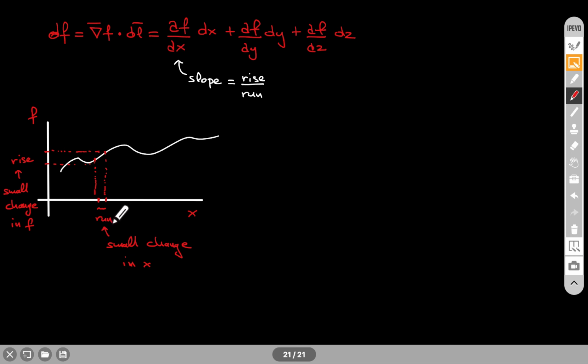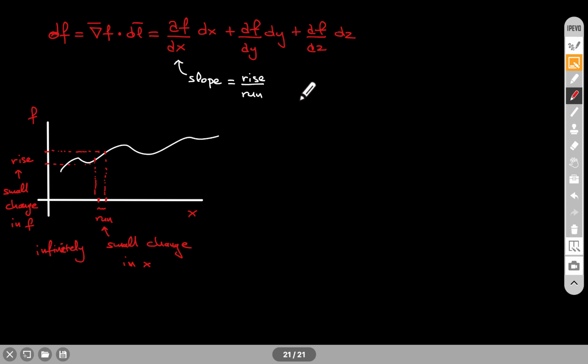This means that we are talking really about an infinitely small change in x, a very small change in f. If you take the slope and multiply it with how much you're changing your x, you can get the change in your function.